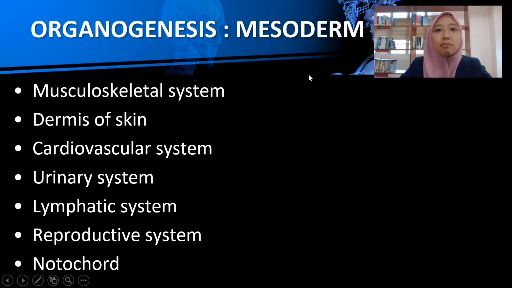Next, mesoderm. Mesoderm will give rise to musculoskeletal system, dermis of skin, cardiovascular system, urinary system, lymphatic system, reproductive system, and notochord.